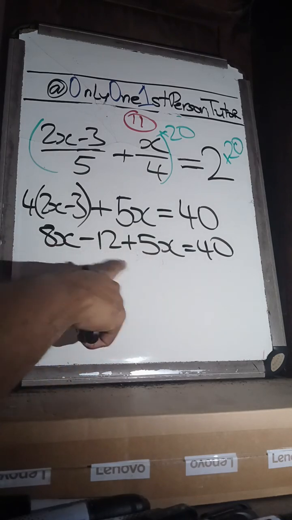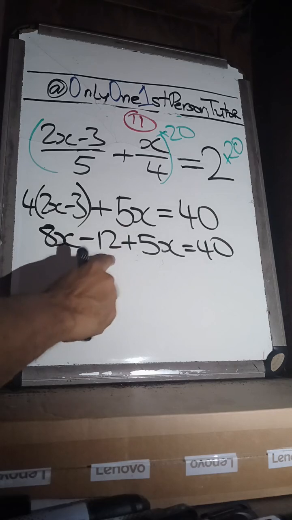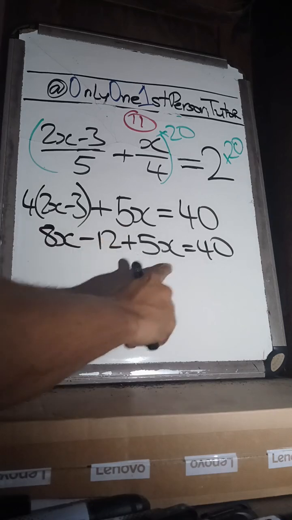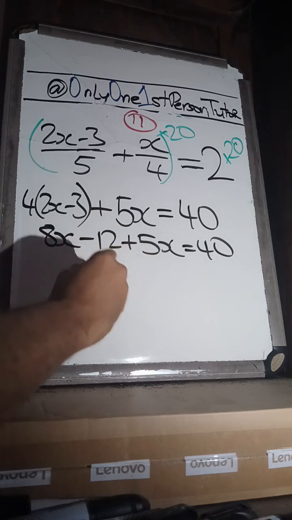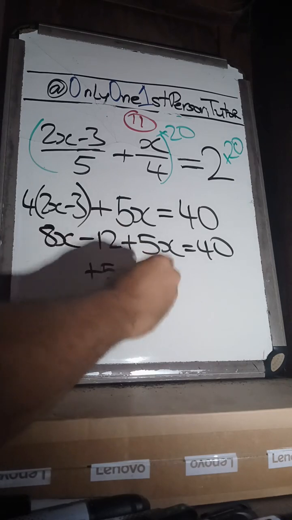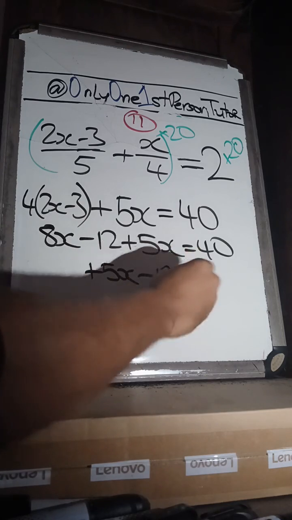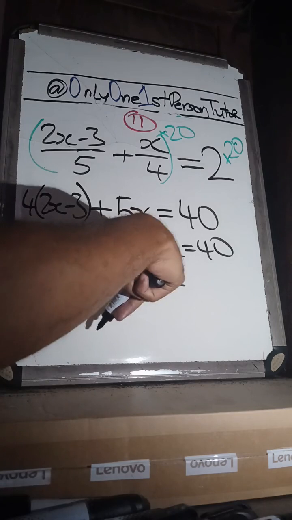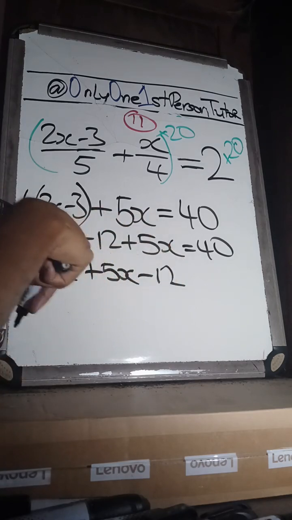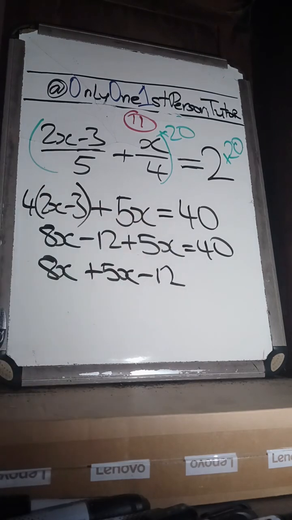This is your friend and this is not your friend, and you don't want your friend to sit away from you. So you want your friend closer to you, and you make sure they move with their baggage as well. This is your bag, the plus sign of 5x, and this is your bag, the minus sign of 12. So you flip that around, right?